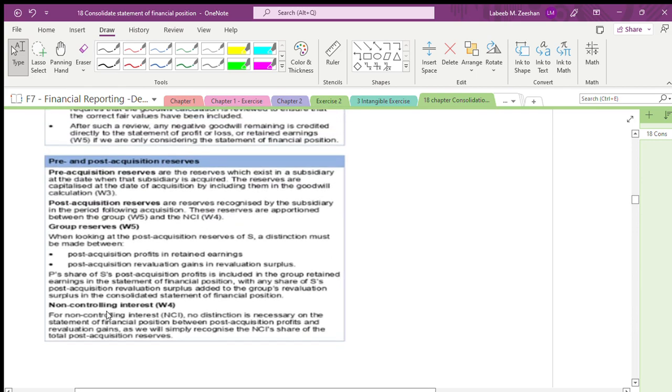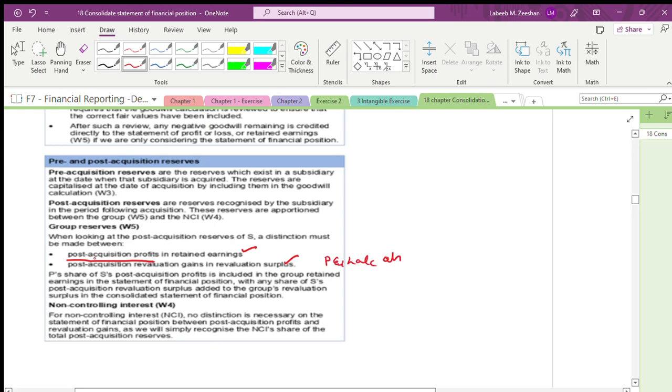When we are talking about the group reserves, this is the explanation they have given. We are very much concerned about post acquisition profit everywhere: post acquisition profits in retained earnings, gains in the revaluation, and in the statement of profit and loss.